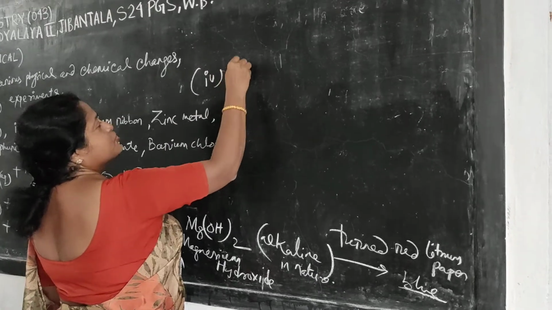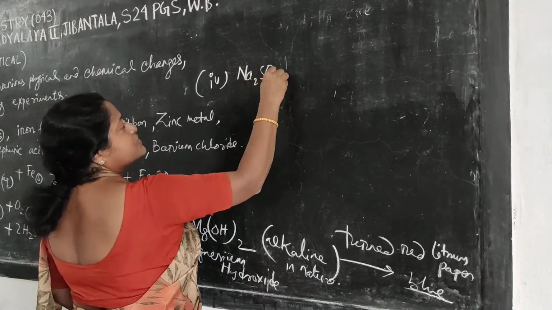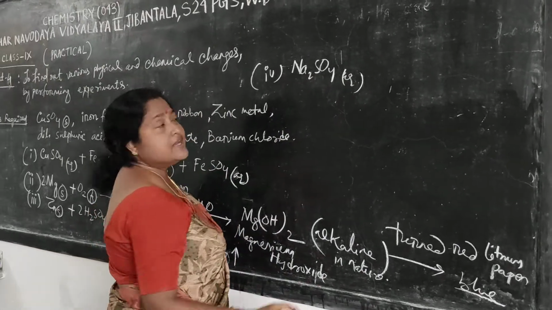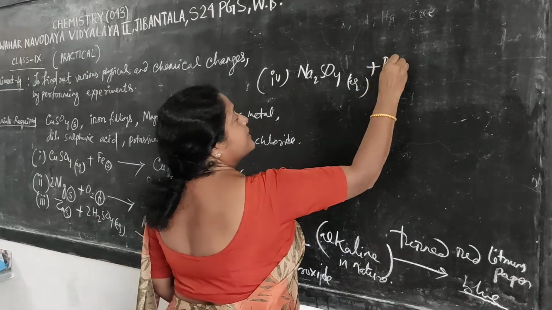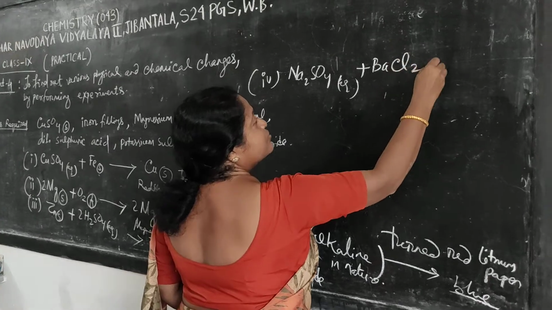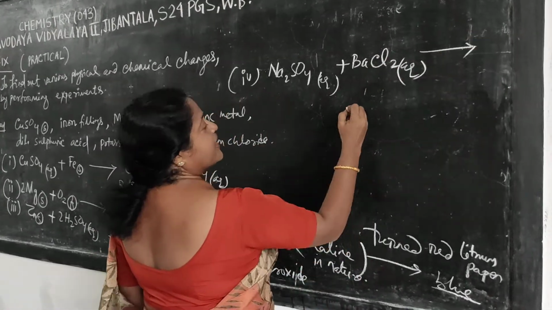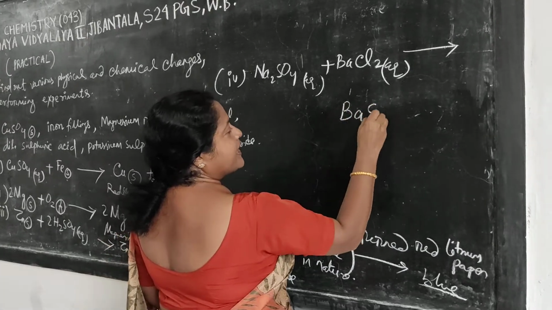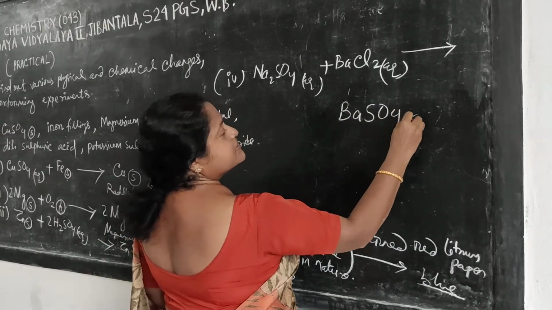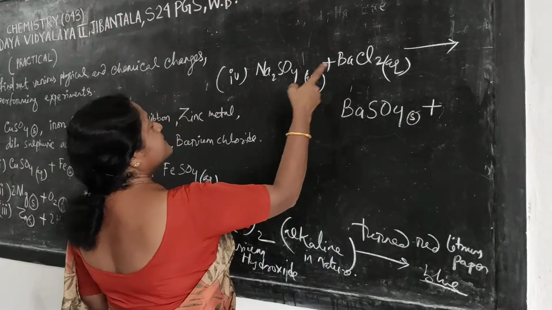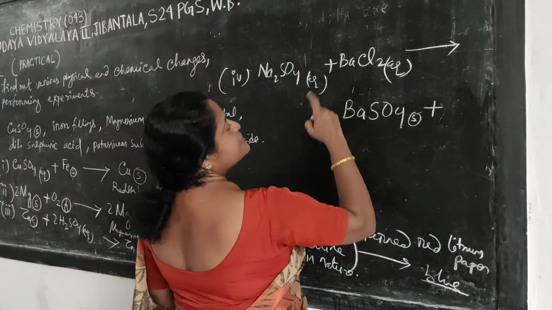I have taken sodium sulfate, Na2SO4 aqueous, writing the valence and symbol. Then barium chloride, BaCl2 aqueous, both the liquids I mixed up. What I got? I got BaSO4, solid. And what is the rest? Rest is sodium chloride.